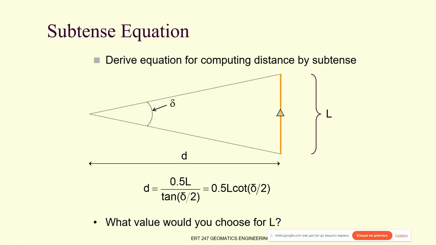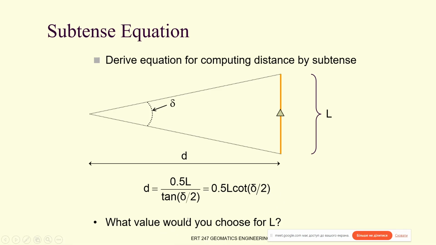Another option, we can derive an equation for computing distance by subtense: 0.5 L cotangent of this angle divided by 2.